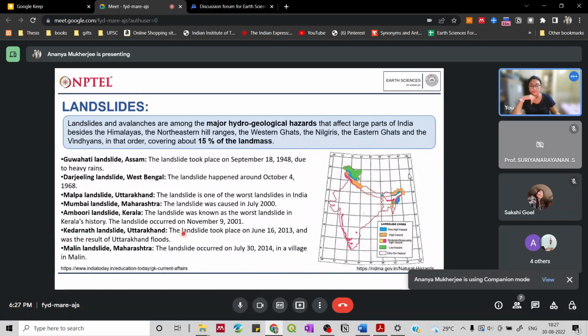When floods are caused, they can cause a landslide. The Kedarnath landslide mentioned over there is one of the effects of the floods that were caused over there. So landslides can occur as an after effect of another natural hazard.